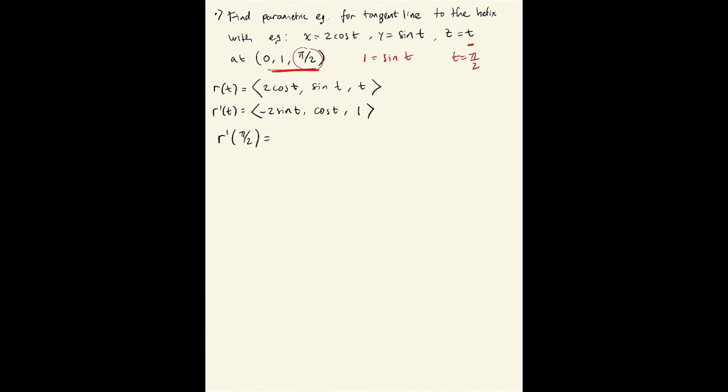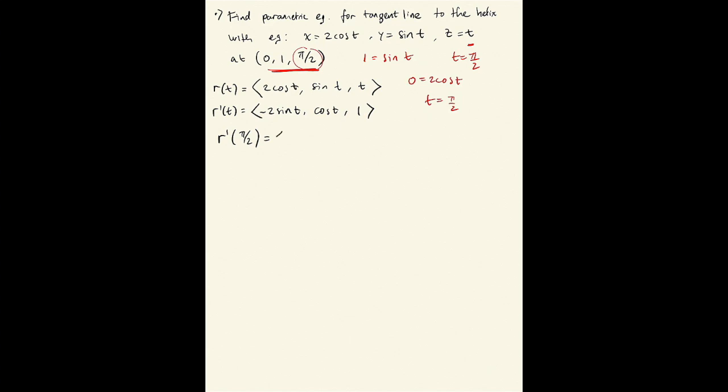And 0 is 2 cosine t, so t is pi over 2 again, since cosine has value 0 at pi over 2. Okay, it's all correct, right? So we just need to plug in t equal pi over 2.